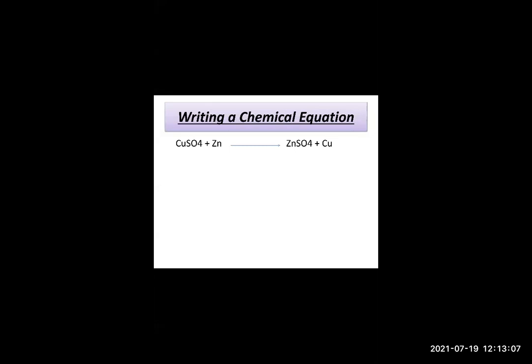So here I gave you the example of copper sulfate. Copper sulfate reacts with zinc to give zinc sulfate and copper. So CuSO4 plus Zn gives ZnSO4 plus Cu, correct? So this is how you can represent the chemical equation.